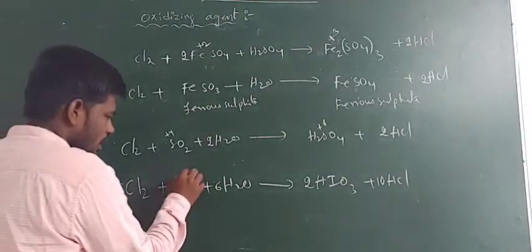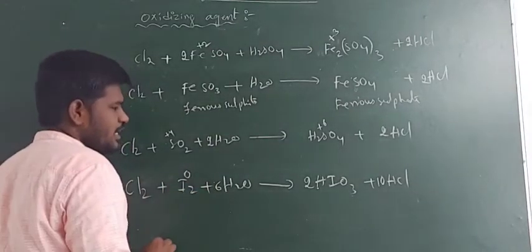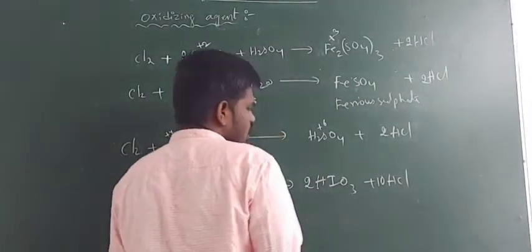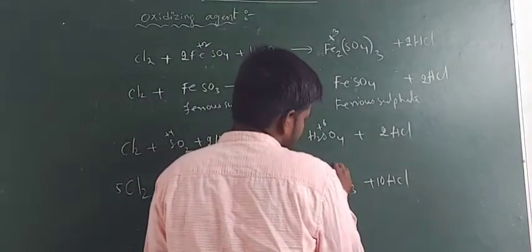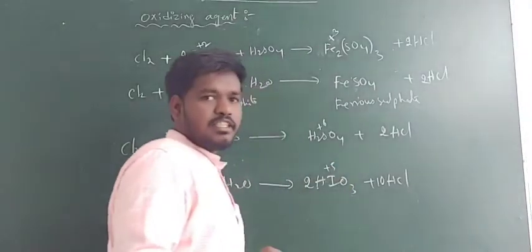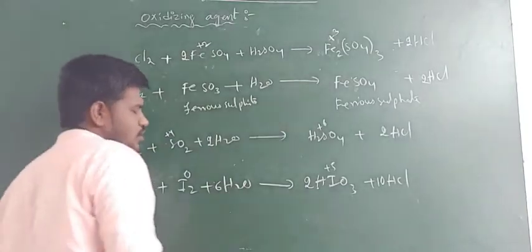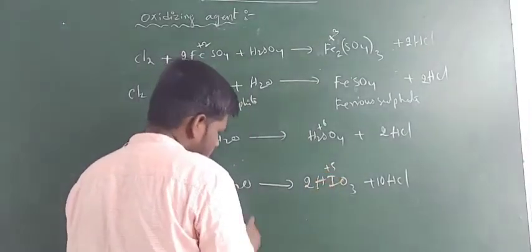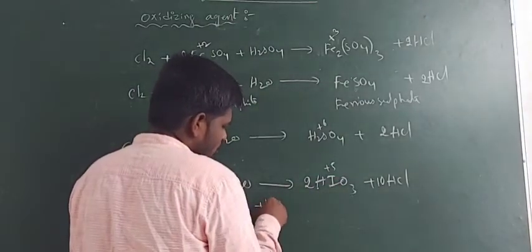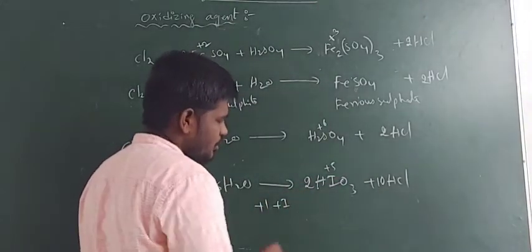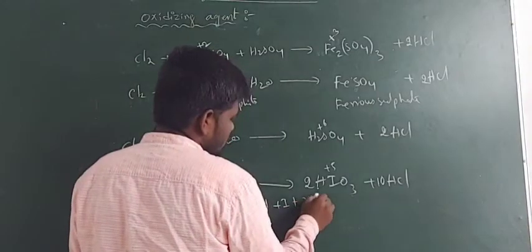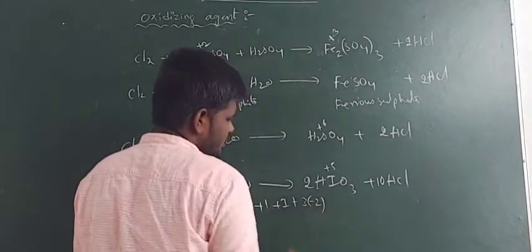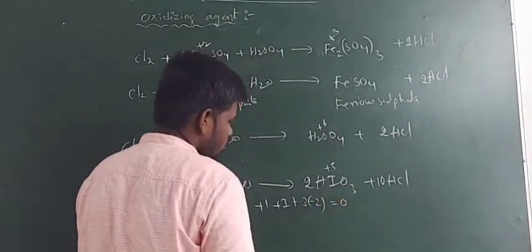Now here iodine has 0 oxidation state, but in this molecule iodine has oxidation state +5. Let us calculate the oxidation state of iodine in this molecule. Hydrogen has +1 oxidation state, and we have to find iodine. The 3 oxygens have -2 each, and the total equals 0.